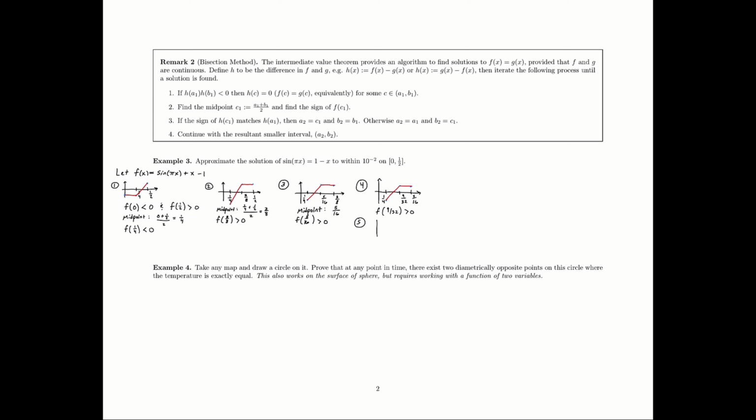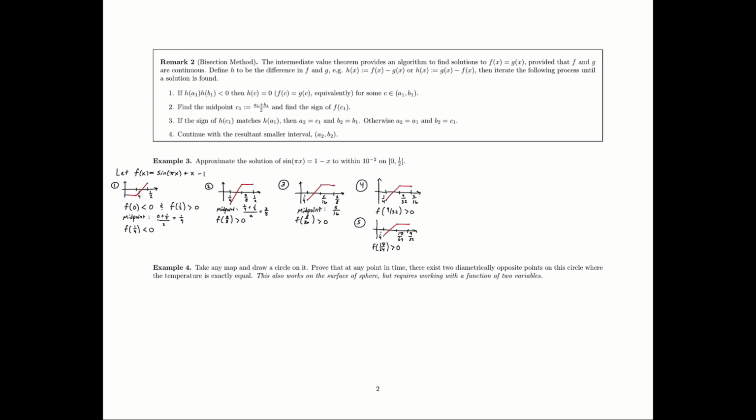So rinse and repeat. We have 1/4 and 9/32. Our midpoint this time is 17/64. And that is again positive. So negative, positive, positive, crossing here.